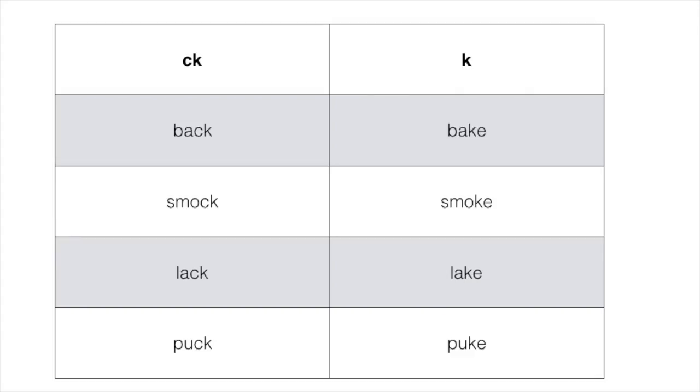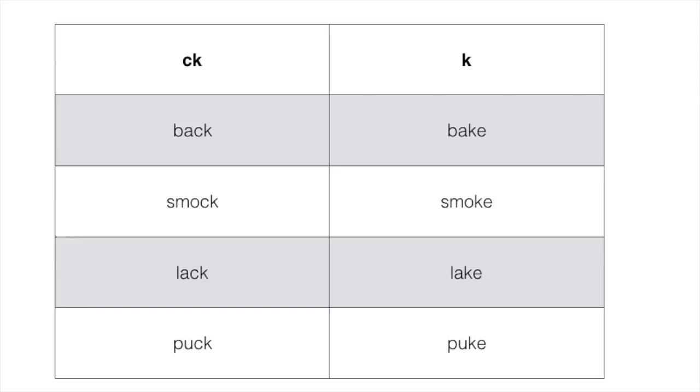we can then explain to them that if you look at the first column of CK words, CK comes right after a short vowel. So if you sound out that first word of b, a, k, a is a short vowel, so the K is a CK, as opposed to across the column where you have b, a, k.